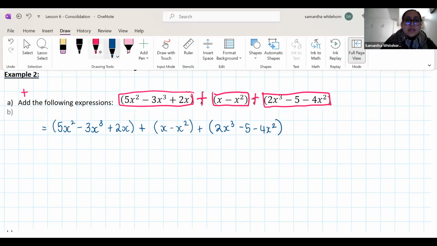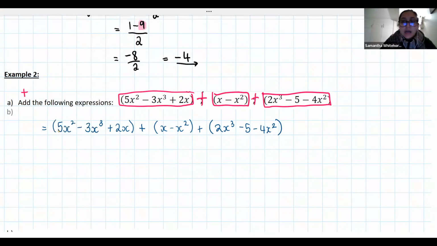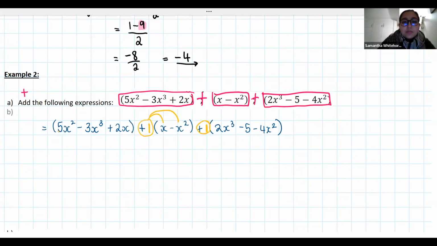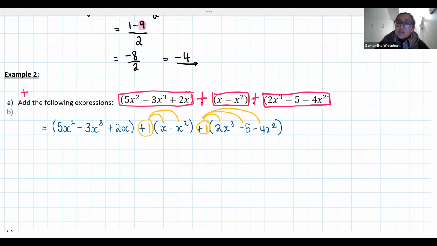Now, guys, what we need to remember is that when we've got a sign, whether it's plus or minus, in front of a bracket, technically this means that there's a +1 in front of these brackets. And technically that means I need to distribute those +1s into my brackets. But I also need to remember that if I times anything by +1, it makes no difference.